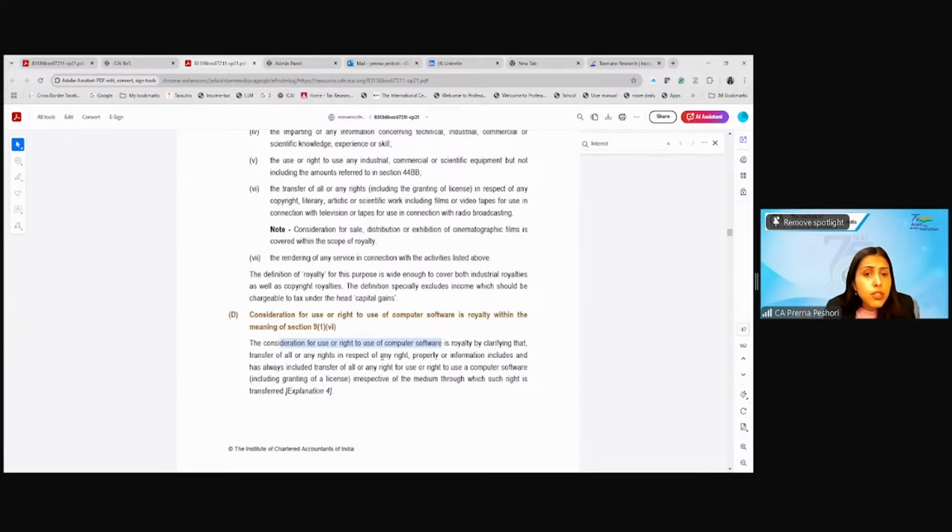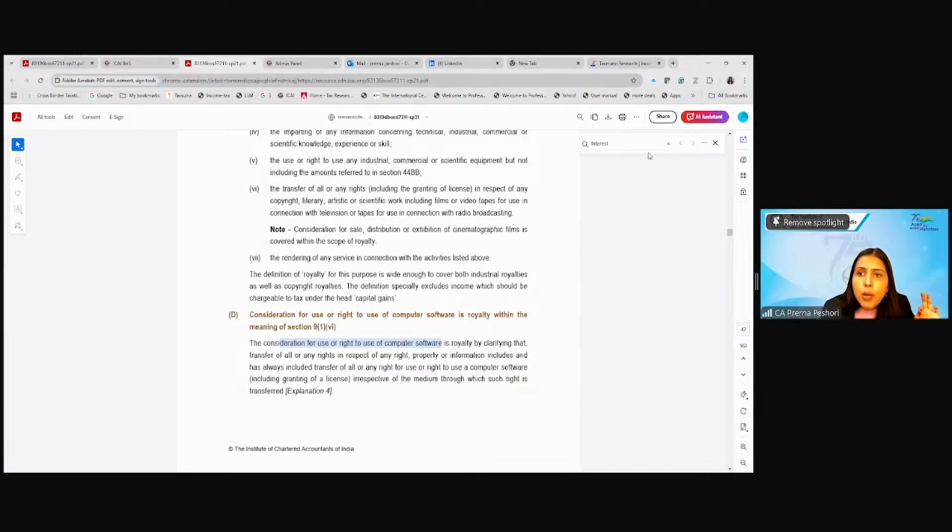Because they have introduced Explanation 4 in the Act, which says that transfer of any rights includes the right to use a computer software, irrespective of whether it is transferred through the online mode or through a CD, hard drive, pen drive, whatever. Are you getting this particular point? So the Act has said that the license fee that you pay to Tally is nothing but a royalty.